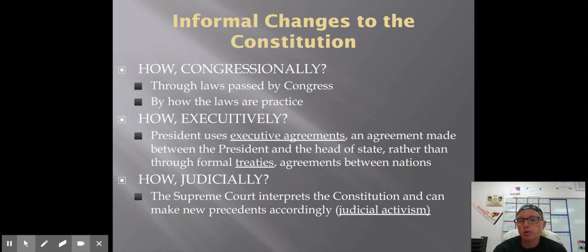And then how do they do that judicially? Well, anytime the Supreme Court makes a decision that changes an old rule, they're setting a new precedent. This is known as judicial activism. A great example would be one of the most controversial court cases of all time, Roe versus Wade, which found that abortion is constitutional.